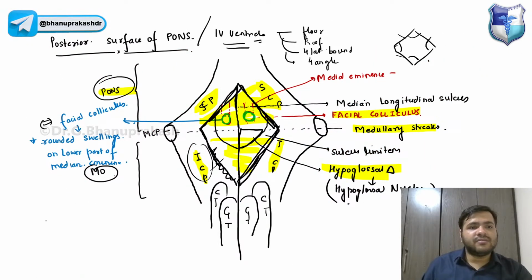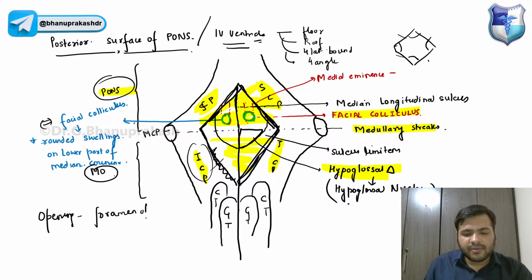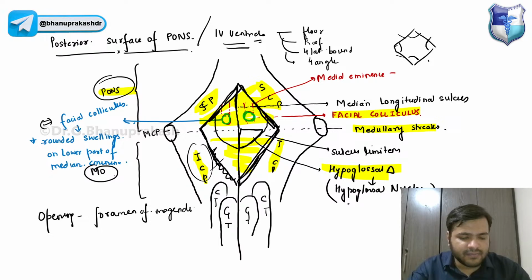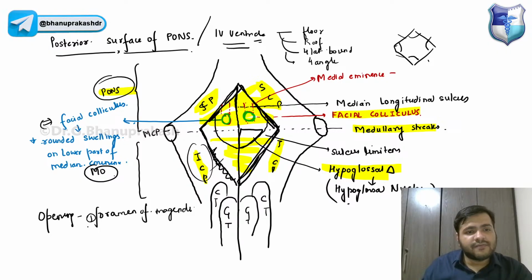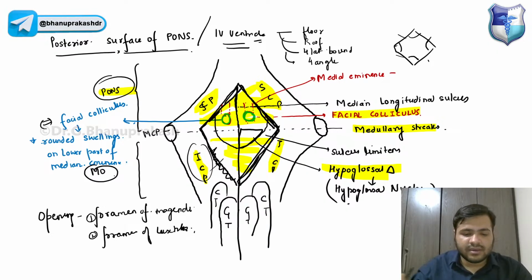You already know we have the foramen of Magendie. Basically, it is in the lower part of the inferior medullary velum. And we have the foramen of Luschka, one in each lateral recess. These are the lateral apertures, the openings which are present in the fourth ventricle.